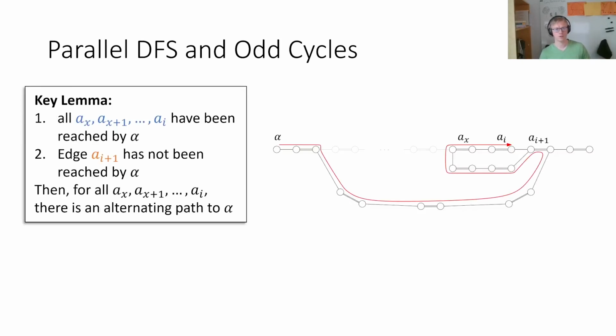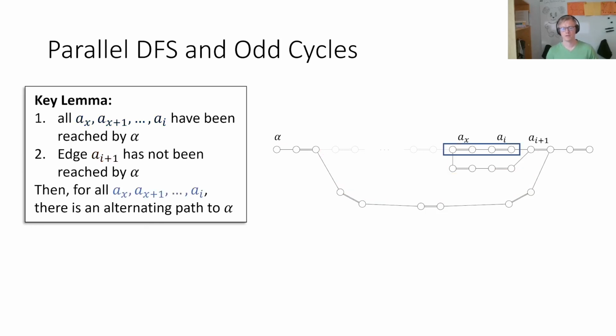To put these observations into a slightly more formal box: what we showed is that if we ever found a path from alpha to A i, and we cannot continue to A i plus 1, then we have found an odd cycle. This is similar to the classic Blossom algorithm, where we can think of this odd cycle as good, in the sense that no other node can have a search here without finding an augmenting path.